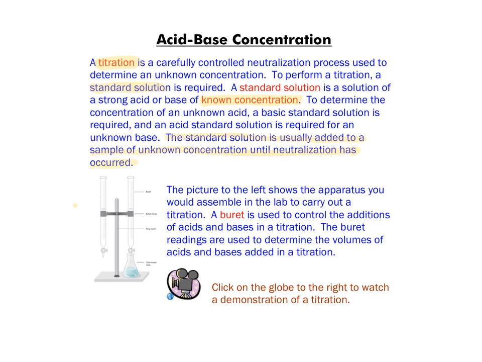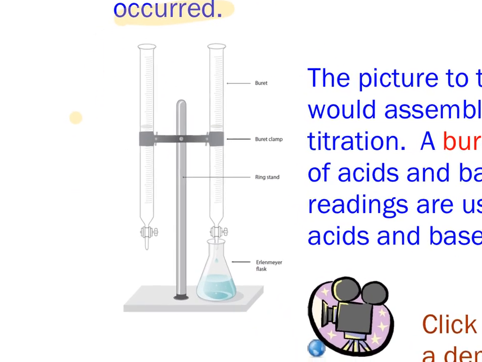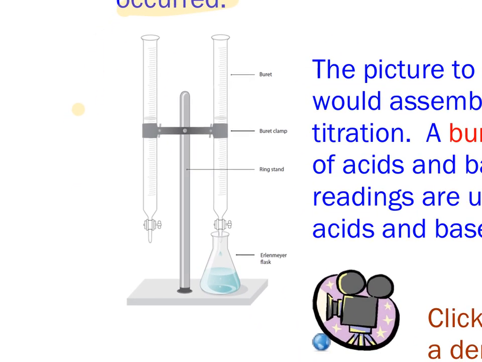And right here, we have a diagram of the sort of apparatus that we would use. Just to get a feel for what we have here, this would be our unknown solution. We would know the solution, we just wouldn't know the concentration of it.